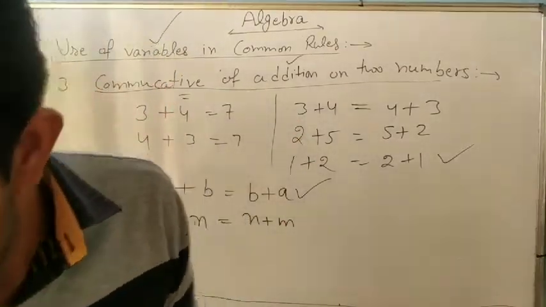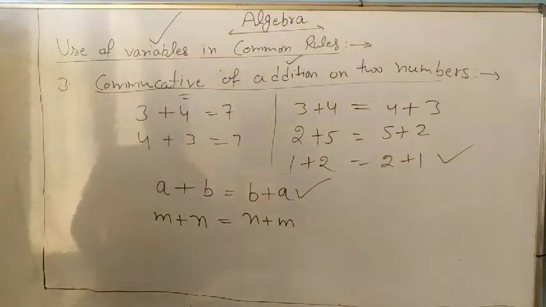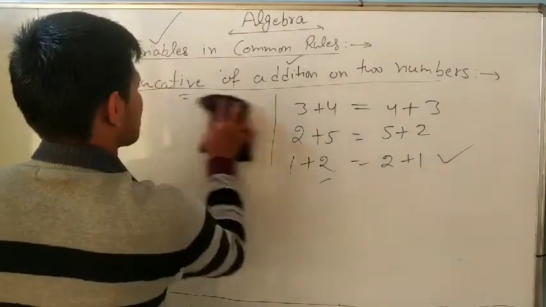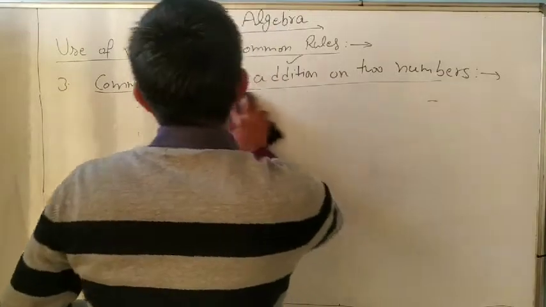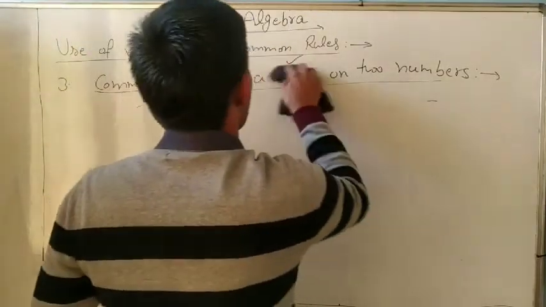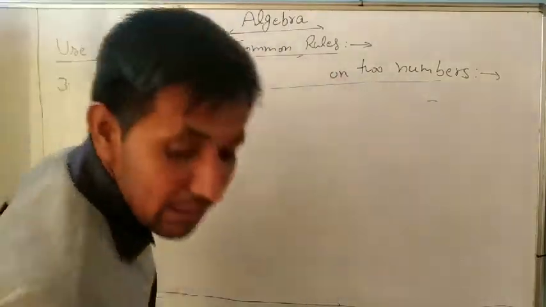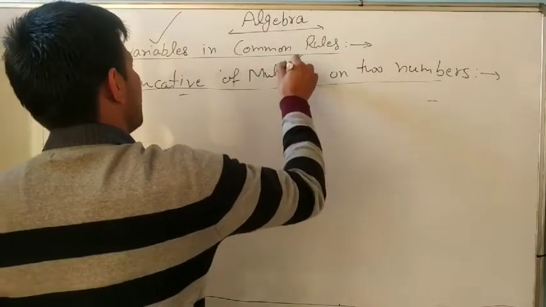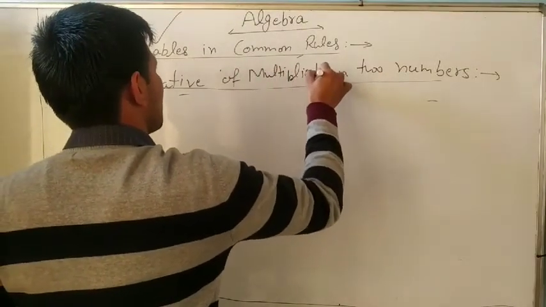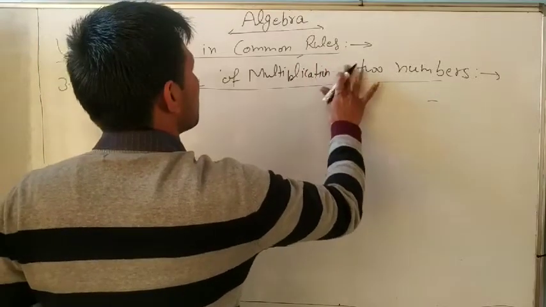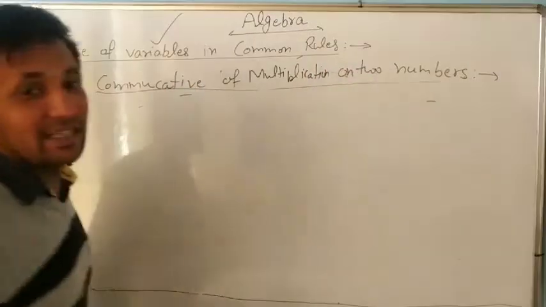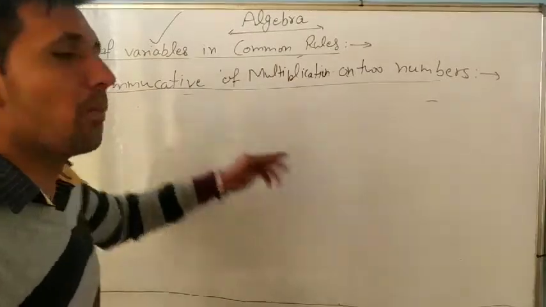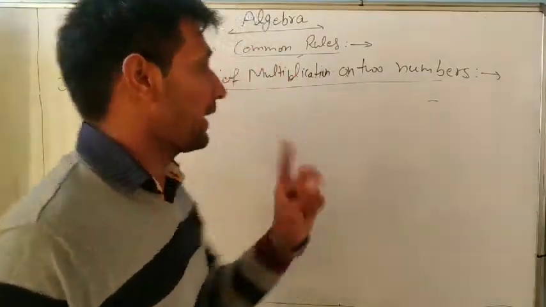Okay. Now the fourth is commutative property of multiplication. First we learned it on addition. Now the commutative property applies on two numbers.